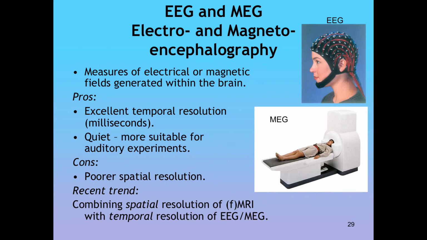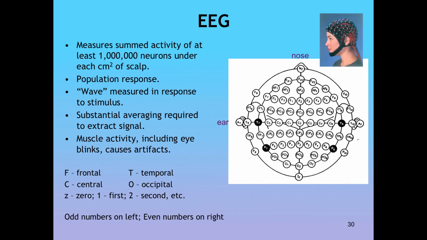Also, it's really tricky to kind of remove artifacts with this. So getting kind of the non-brain related activity out of the signal that you're measuring, which I'll talk about in the next slide.